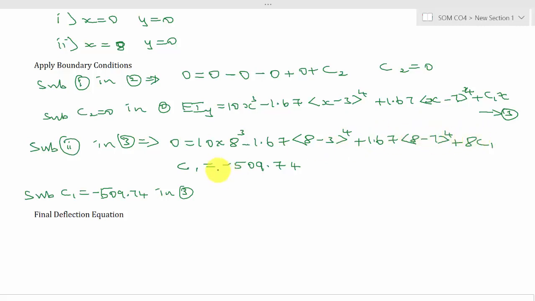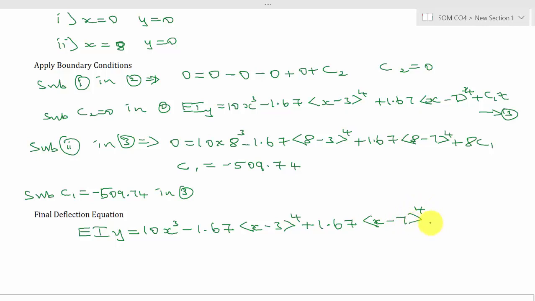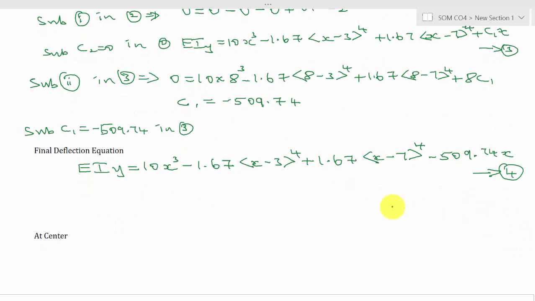So in this equation, I will get EIY is equal to 10x cube minus 1.67 x minus 3 the whole power 4 plus 1.67 x minus 7 the whole power 4 minus, instead of C1 it is 509.74x. So let us say this is our fourth and final deflection equation.